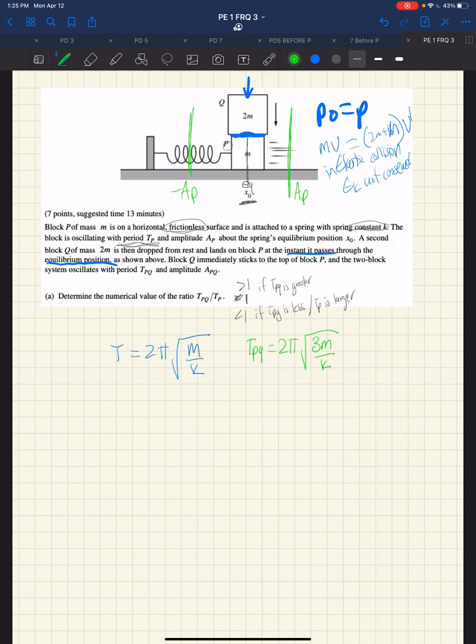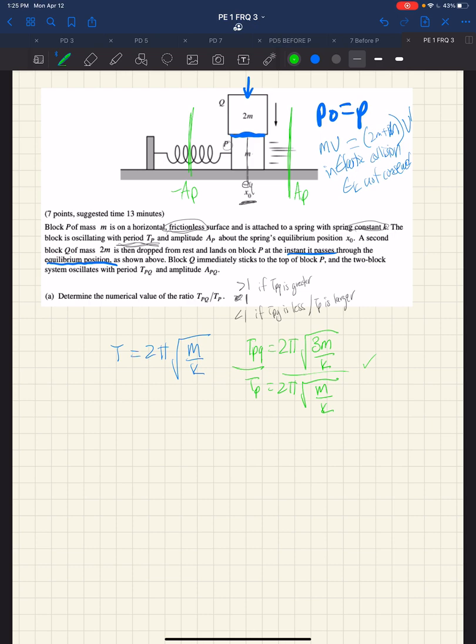Well, we want TPQ over TP. Well, let's do that. TP is 2 pi times the square root of m over k. If we want the ratio, we're just going to divide them by each other. And this is where even folks who had it correct at this point, every single one of them got it wrong because of the algebra.